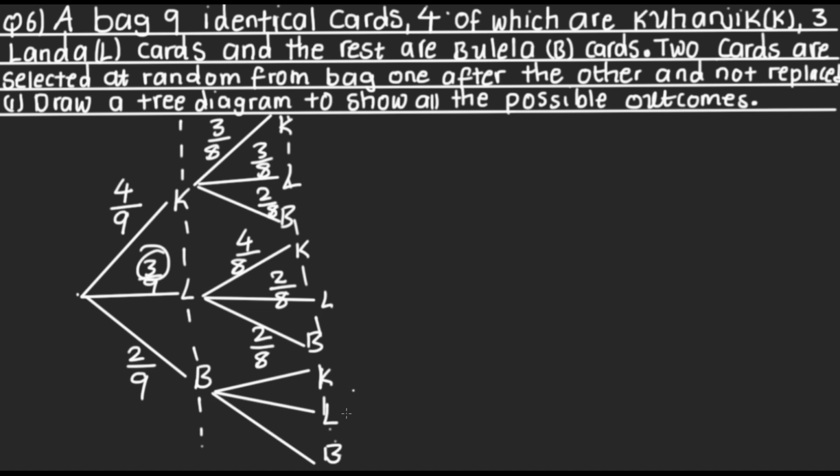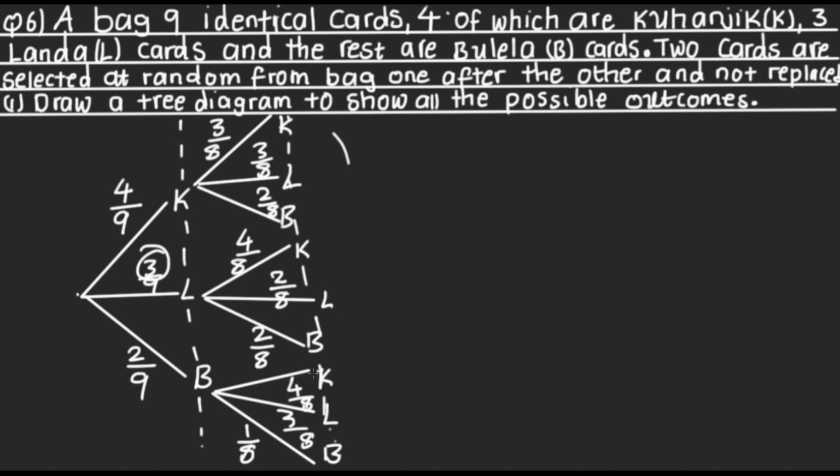For the last branch, you are supposed to subtract from this. Look at the pattern. For the first we subtracted from 4, then from 3, then for the last part you subtract from 2. So this becomes 1 over 8. Then for lambda, it's 3 over 8. For kuandika it's 4 over 8.